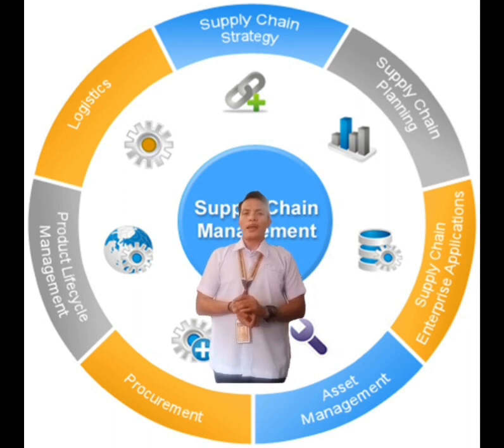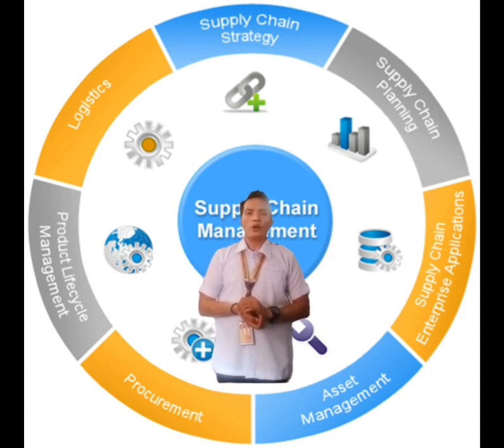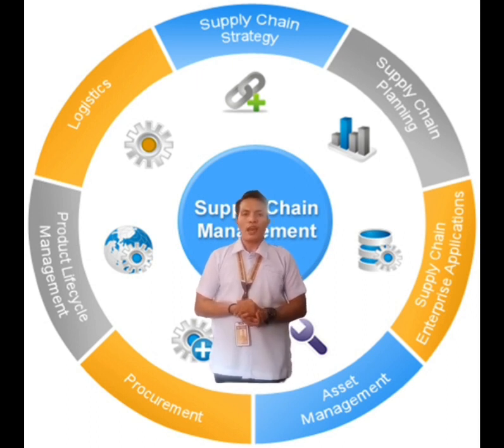The amount of time it takes for any one of these processes from start to completion is known as lead time. Supply chains are managed by supply chain managers who monitor lead time and coordinate the process in each step to maximize customer satisfaction.